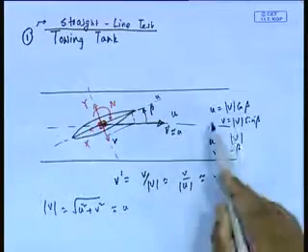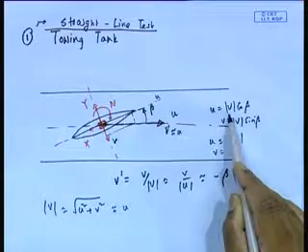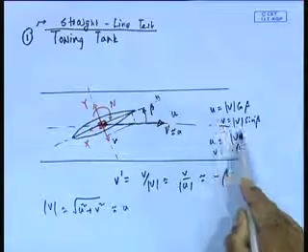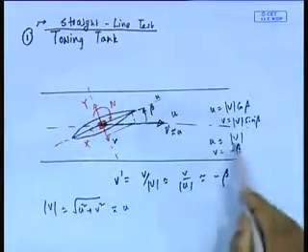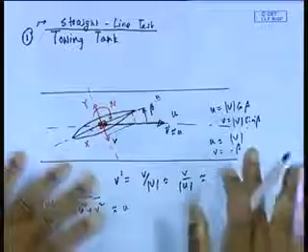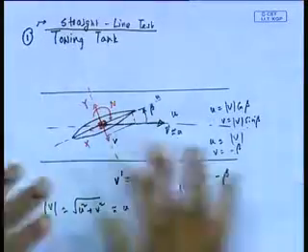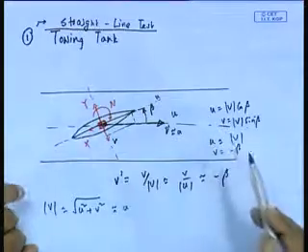If beta is small, you can also see U is V cos beta, it will be V, and small v is capital V into sin beta, sin minus beta, that is minus beta for small. If you do not like this approximation, you can also put a large number, it does not matter, but I was just showing. Suppose you do not like this approximation, but you will know exactly what v is.